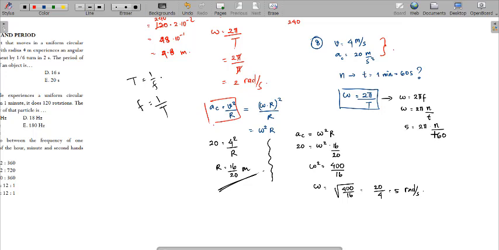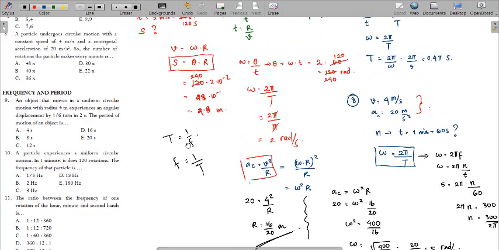You change place here, meaning 2π times n equals 60 times 5, 300, and n equals 300 divided by 2π. You can try using calculators.